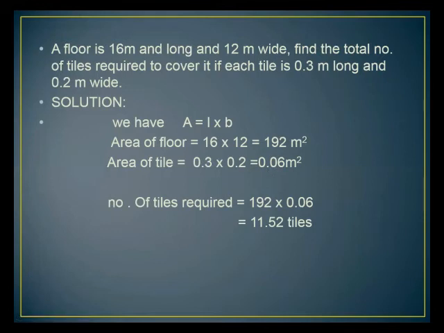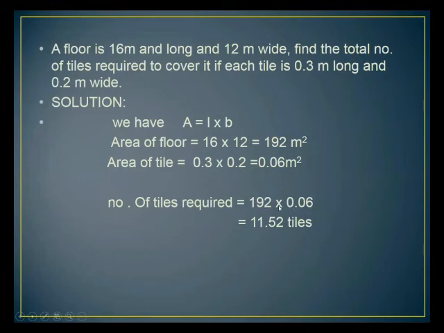And do remember here that 0.06 square meter is the area of one tile, and we want to know how many tiles are required to complete that floor. So we are going to use the total area of the floor and the area of one tile.